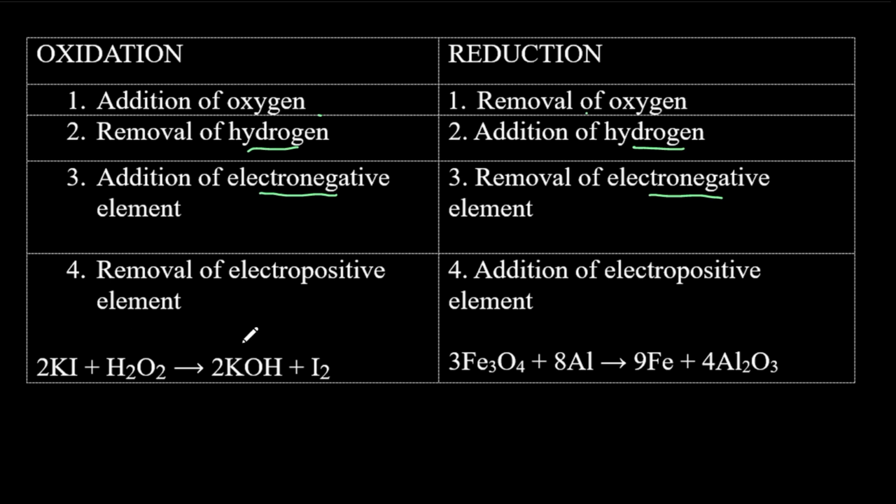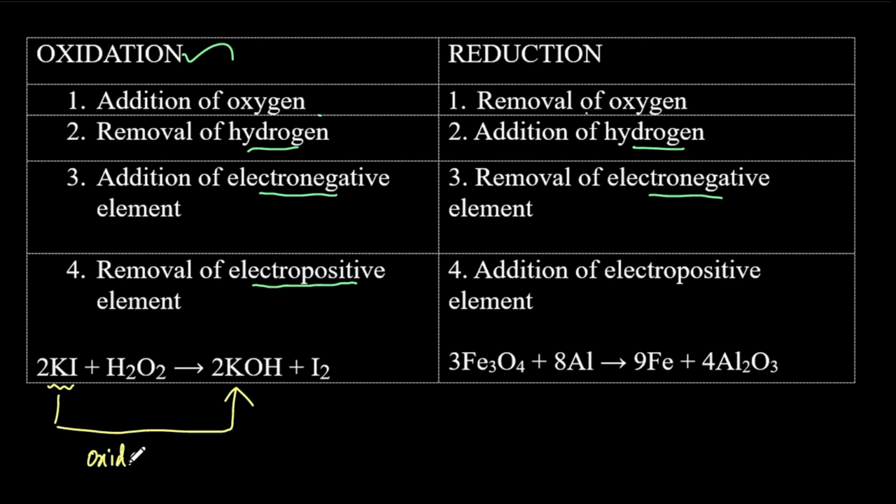Now with respect to electropositive element also we can define oxidation and reduction. The fourth definition is removal of electropositive element is oxidation. See the example, 2KI plus H2O2 gives 2KOH plus I2. In the first compound KI, potassium is added with oxygen. What is addition of oxygen?